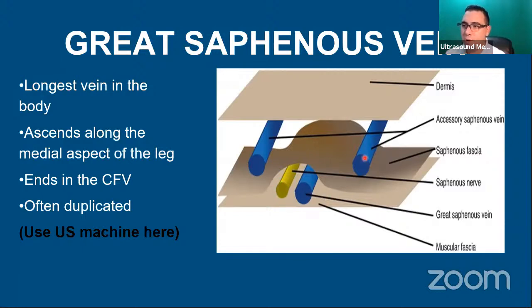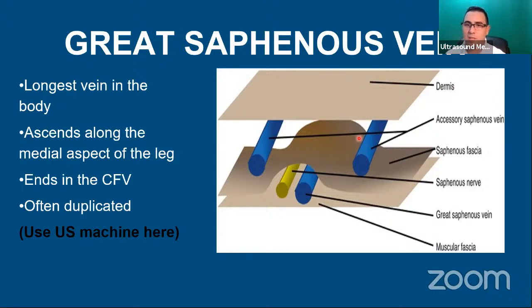Now, it's good to know this picture, and I'm going to show you this with the machine, because sometimes we get confused with this accessory saphenous vein that many patients have, and we think that's the main saphenous vein. I'm going to show you what it looks like when you're scanning, so you get familiar with this. Maybe you do this every day, but sometimes it's hard to see in some patients.